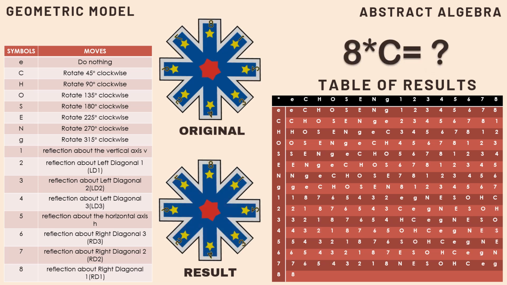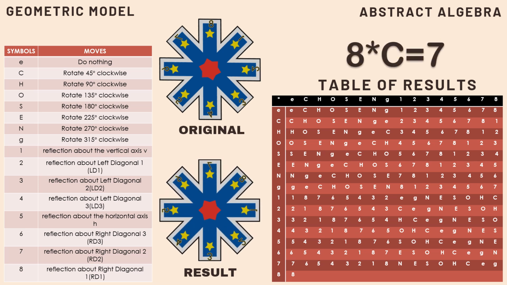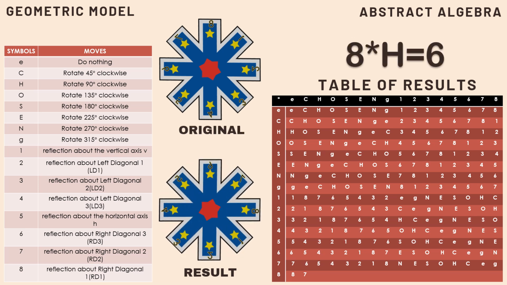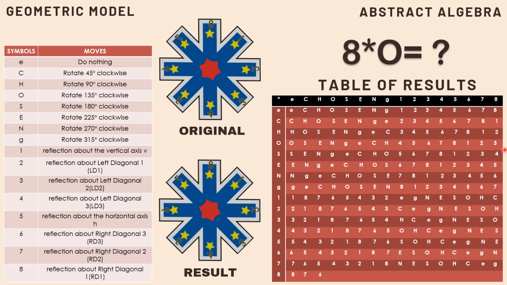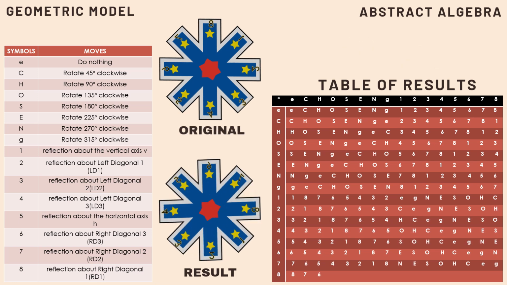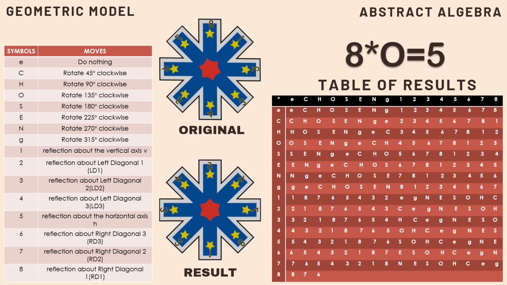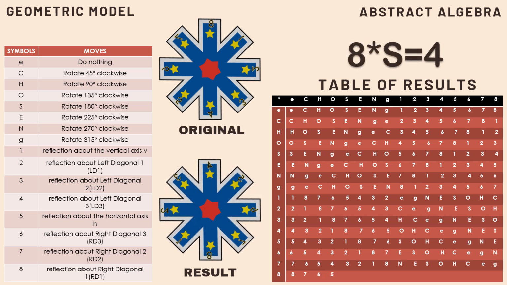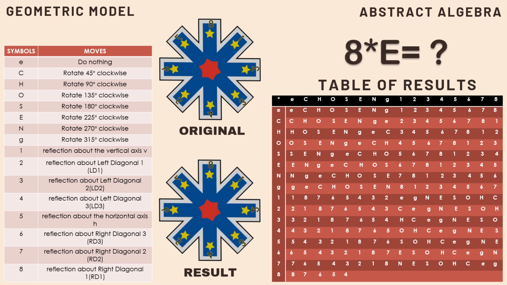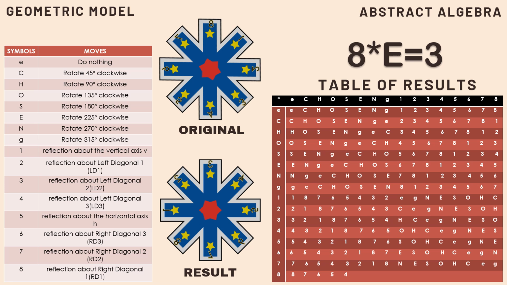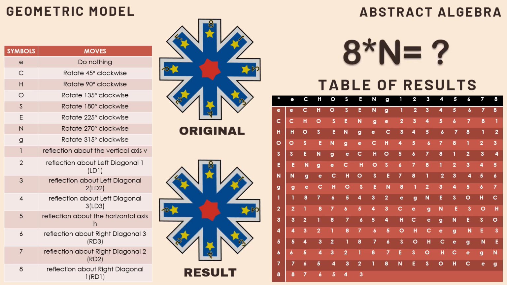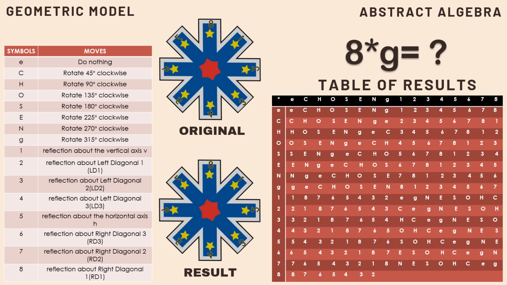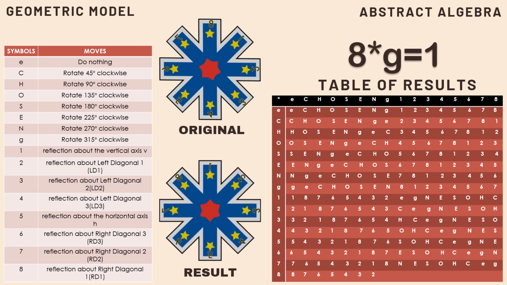8 star C is 7. 8 star H is 6. 8 star O is 5. 8 star S is 4. 8 star E is 3. 8 star N is 2. 8 star G is 1.